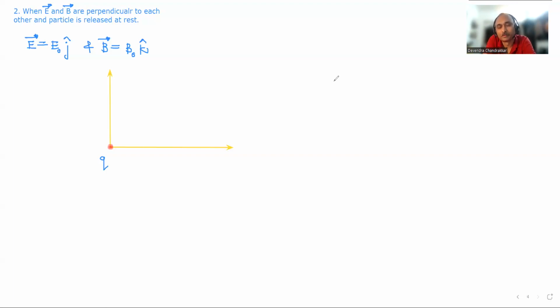So now the particle has a force along the y-axis and a force along the x-axis. So the velocity of the particle will be in which plane? XY, YZ, or XZ? The velocity of the particle will be in which plane?